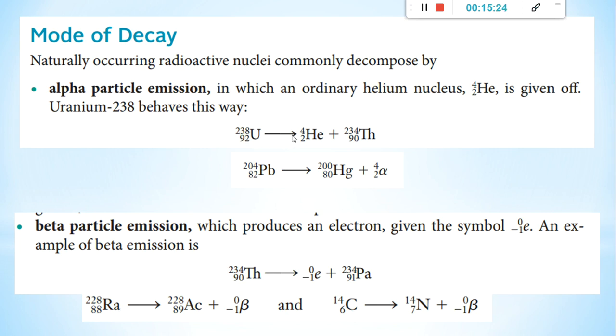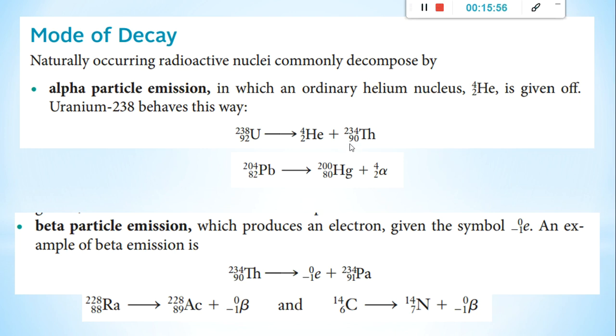It decomposes to helium, and we see 4 is the mass number of helium. So we just need to subtract 4 from 238. Therefore, we have 234. And then 92, since it emitted an alpha particle, we just need to subtract 2 protons from 92.